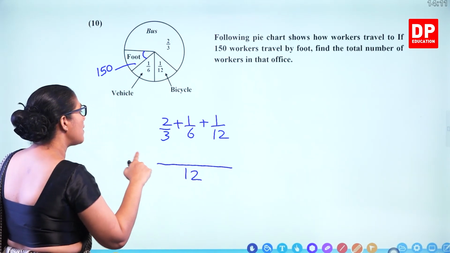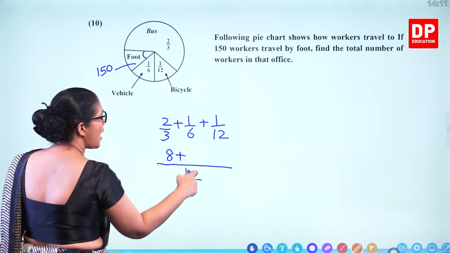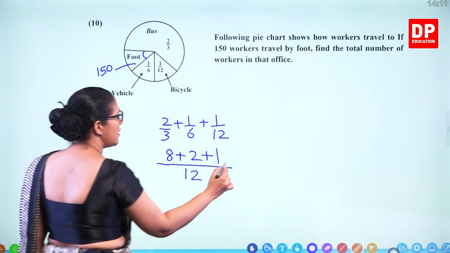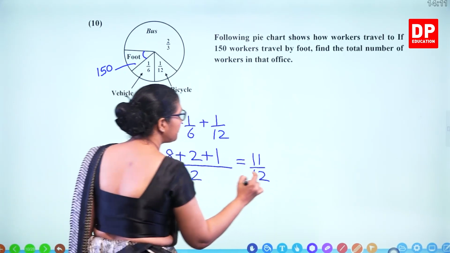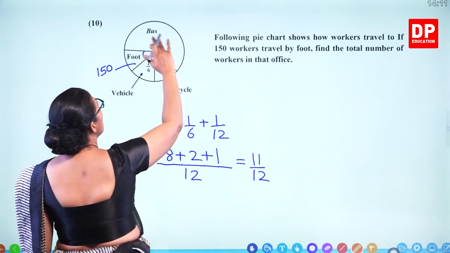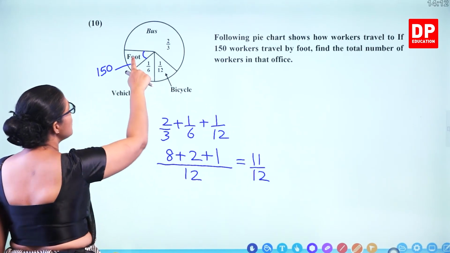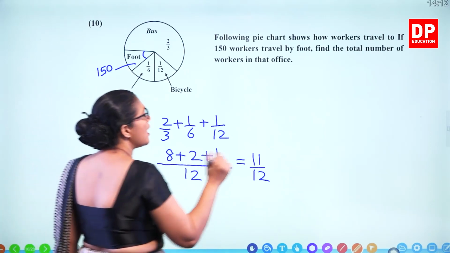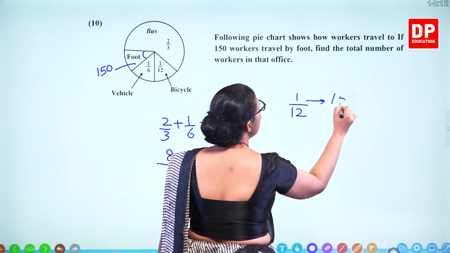Convert everything to 12. 4 times 3, 12. 4 times 2, 8. 6 times 2, 12. 2 times 1, 2. And here 1. 8 plus 2, 10 plus 1, 11/12. So 11/12 parts are for those. So what is the fractional part for this one? 1 minus 11/12. So that's 1/12. 1/12 means 150.